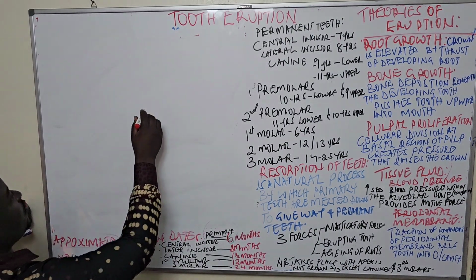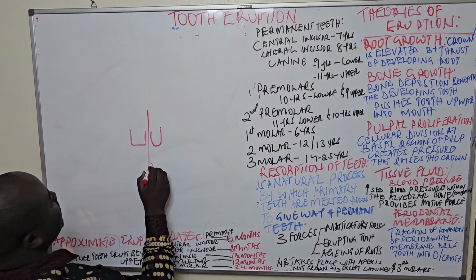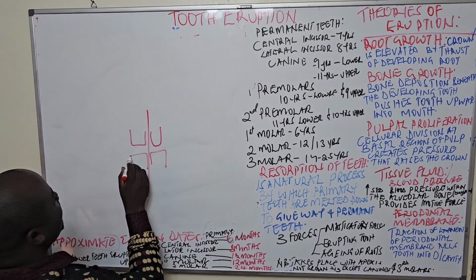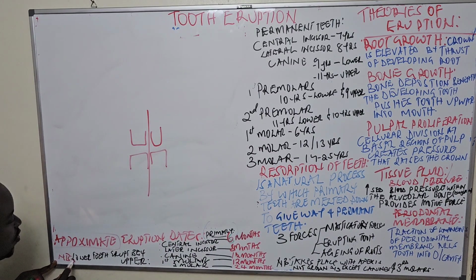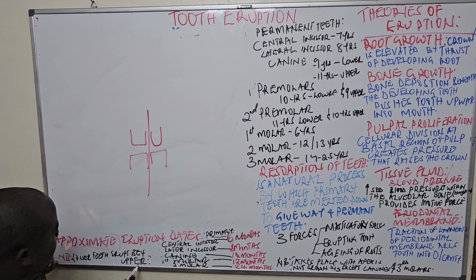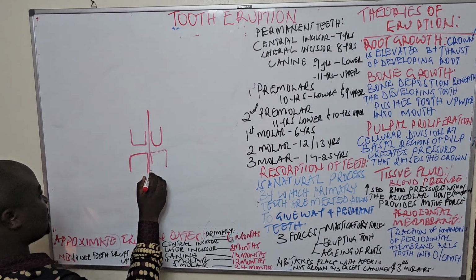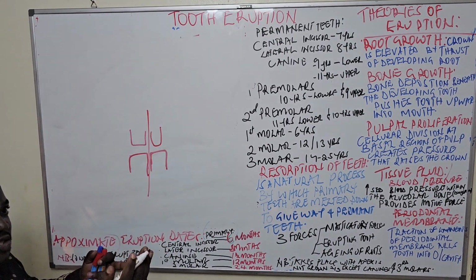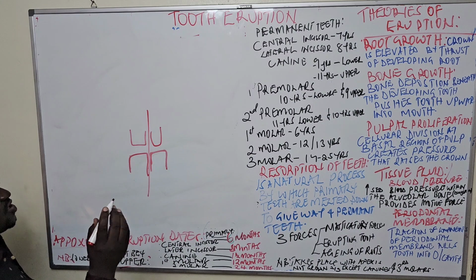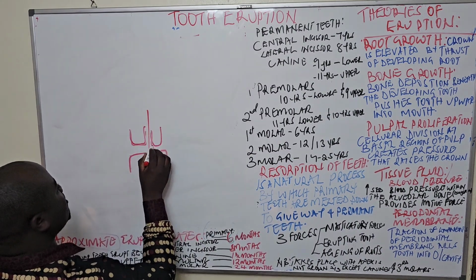When I talk about the central incisor, I also mean the lower ones. But note that the lower ones grow before the upper ones. So we can have this one first, and later, after a few days, weeks or months, we can also have these ones.